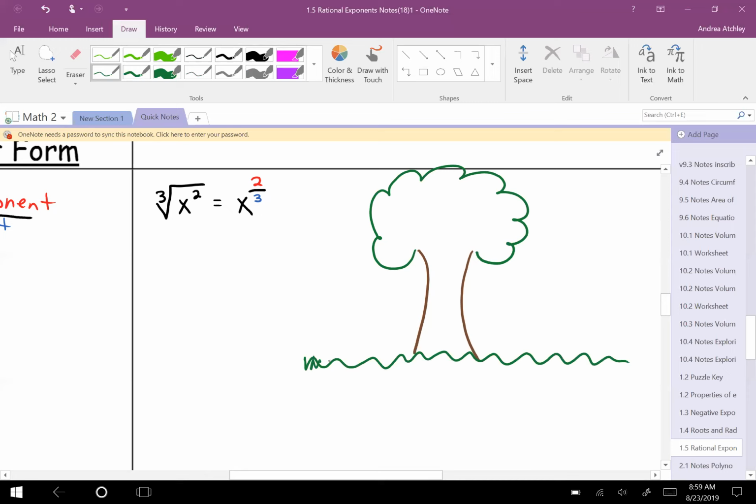Some really good grass. Yes, I'd like to put the ground at least. Maybe yours is in a desert. You can put just dirt. Okay, mine's gonna be an apple tree. So I'm gonna put some ripe apples in it.